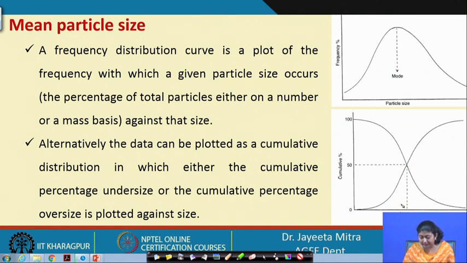This one is the undersize, and if we go by this curve, we will get the percentage oversize of that particular material. So, for each size, suppose we get this size, that means this much fraction has already passed through this particular diameter opening. That way we can analyze.